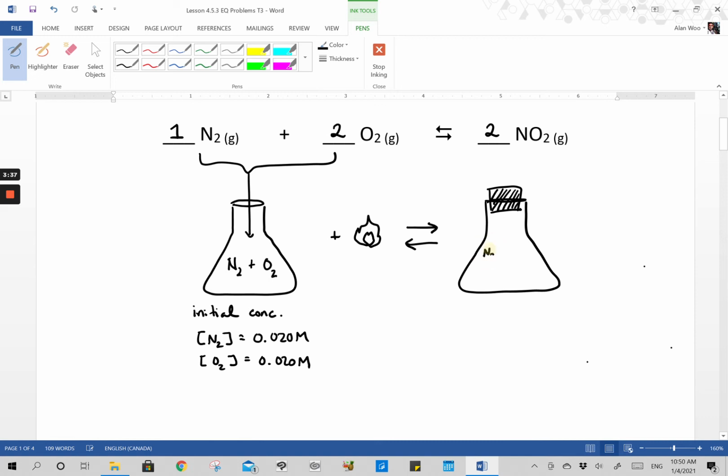And we still have our nitrogen and oxygen molecules in the container. But because the reaction has been running, you also create NO2 molecules now. And because this is a reversible reaction at equilibrium, the only concentration that we are given is the concentration of NO2 at equilibrium, and that was 0.0050 molarity.